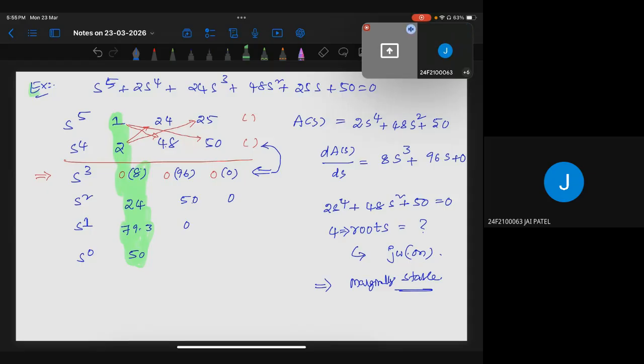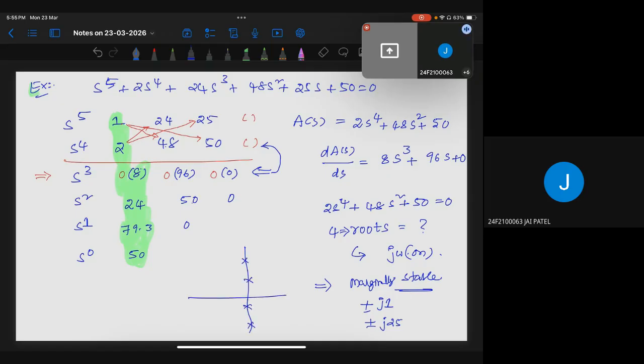If we have to find the roots of this auxiliary equation, we get four roots here: plus minus 1 and plus minus 25i, that is, plus minus j1 and plus minus j25. So these are the roots on this j omega axis.